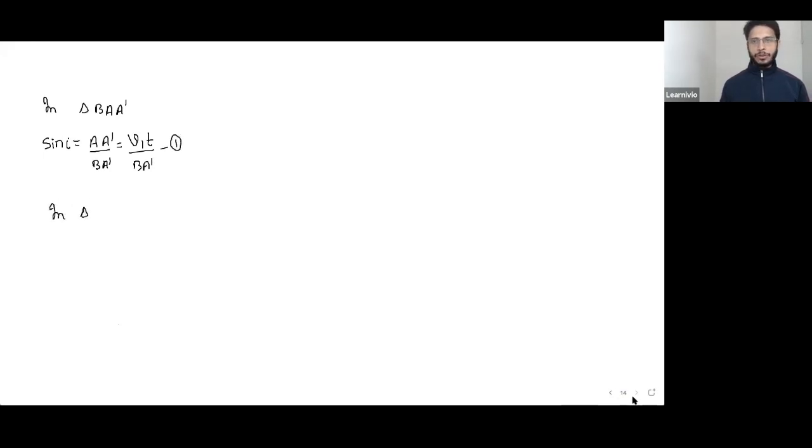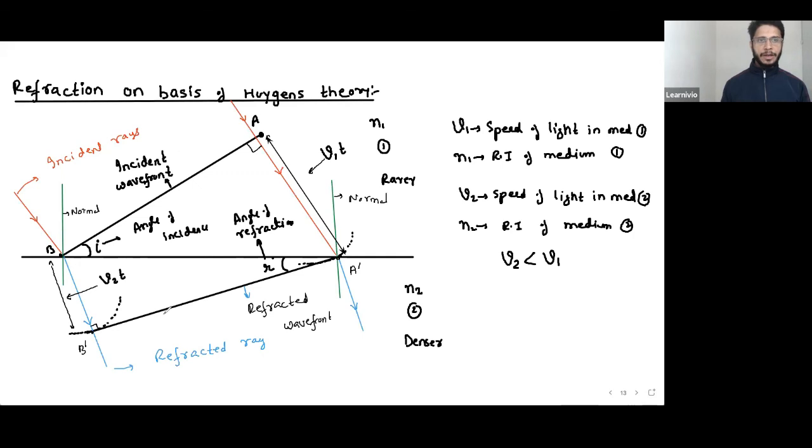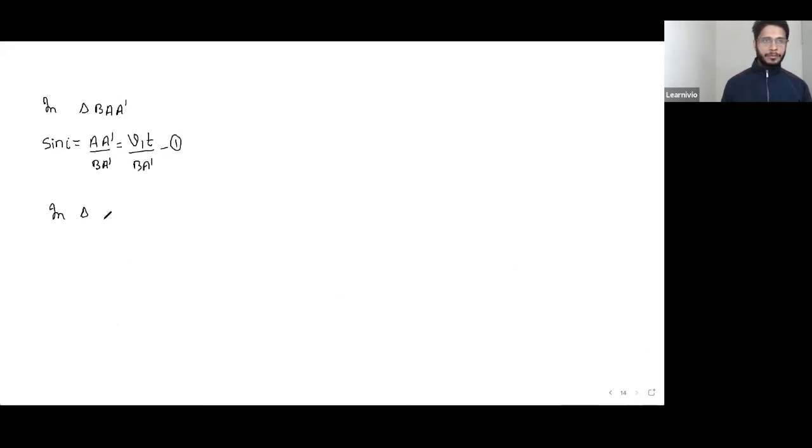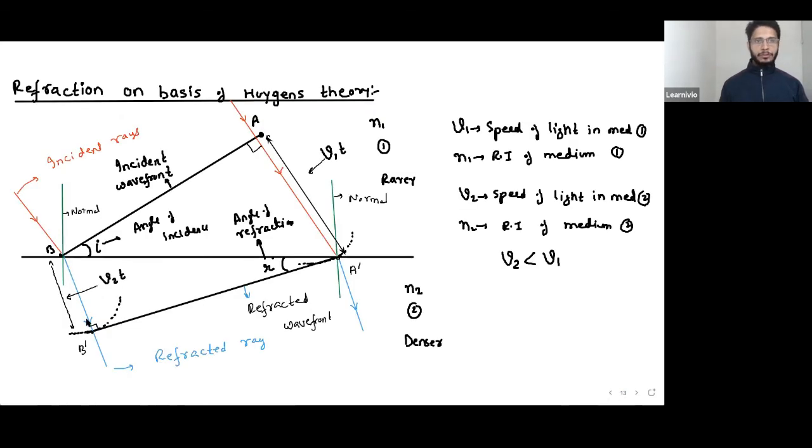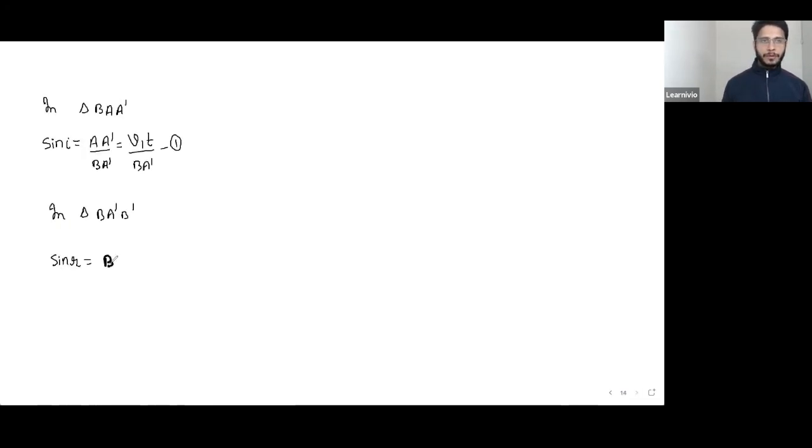Similarly, for sin R, you can use the triangle BA prime B prime. Your sin R is perpendicular over hypotenuse. Perpendicular is BB prime, hypotenuse is BA prime. So BB prime over BA prime, where BB prime is V2t. That's equation 2.